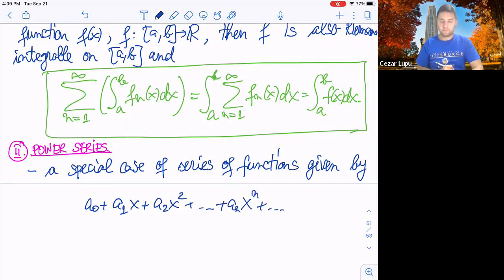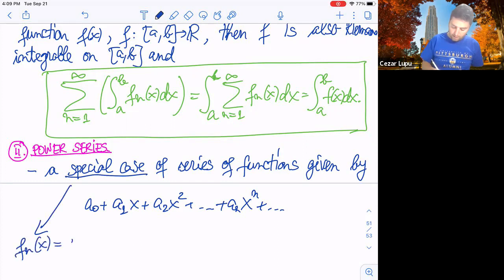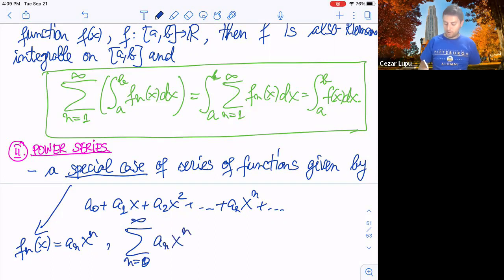What do I mean by a special case? I mean that fn of x is nothing else than just an x to the power n. So that's my series, from 0, that's what we call a power series.